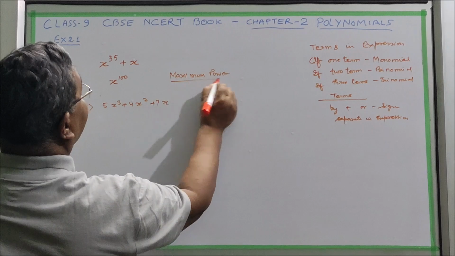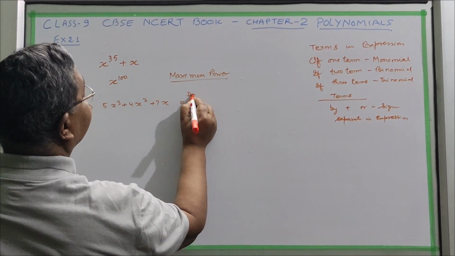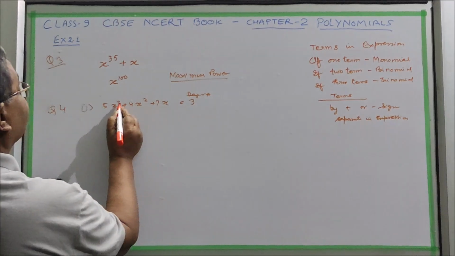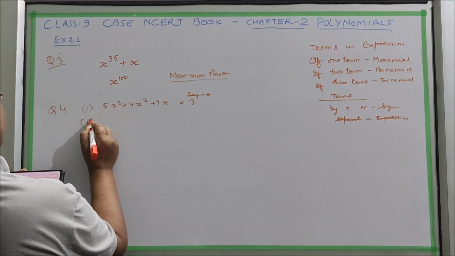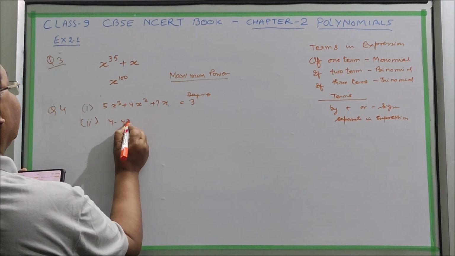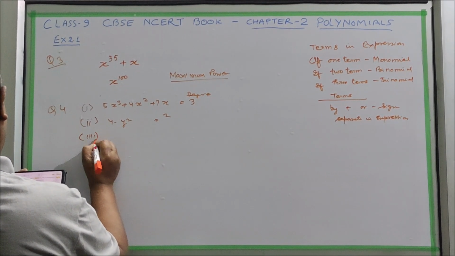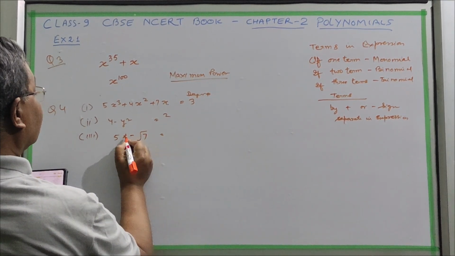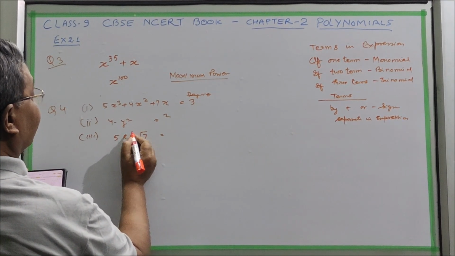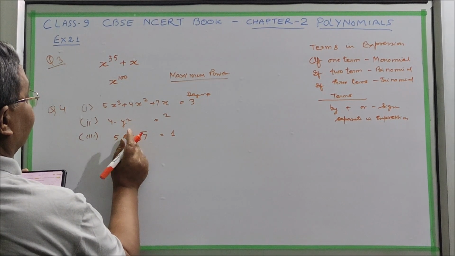So here the degree is 3, because 3 is the maximum power. Then 4 minus y², degree is 2. Then 5t minus root 7. Here 1 is not written, but t¹ will be there, so the degree is 1.